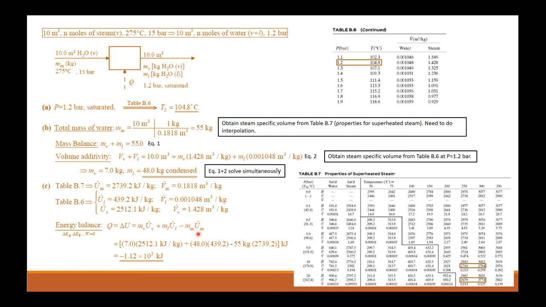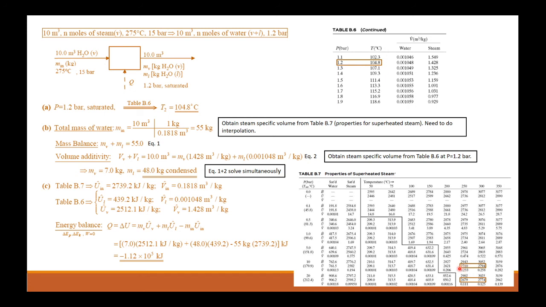U in. So we can obtain all of the U here from the table also, table B6 for UV and UL, and from table B7 for U in here. Using this, we need to perform interpolation also.